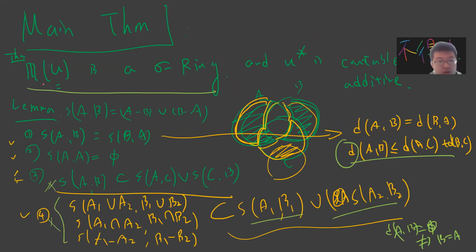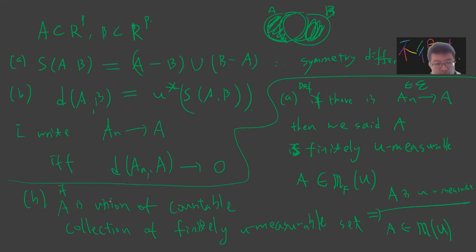If a set A is a union of a countable collection, if there exists an approximation to A where A belongs to the elementary set, then we say A is finitely mu measurable. And if A is a union of a countable collection of finitely mu measurable sets, then A is said to be mu measurable.